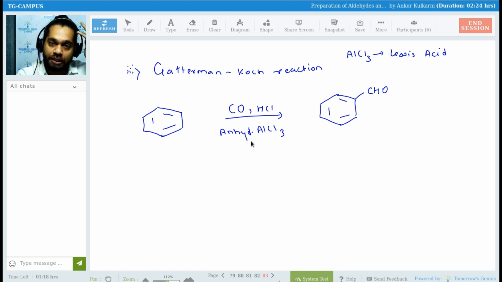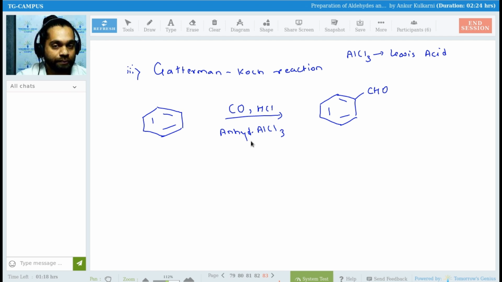So how does this reaction work? We have CO, HCl. If I ask for the structure of C and O, how many bonds are there between C and O? Double bond, is it?